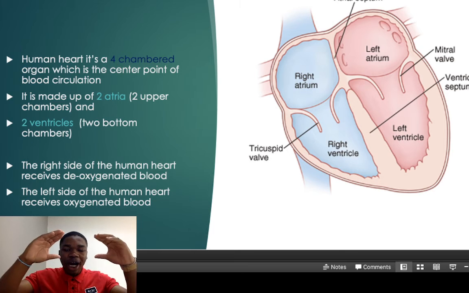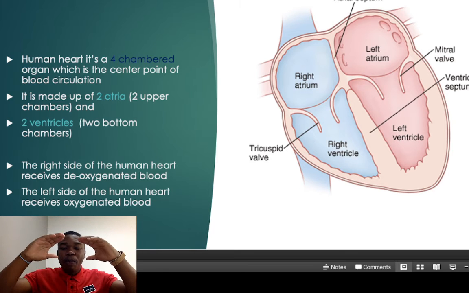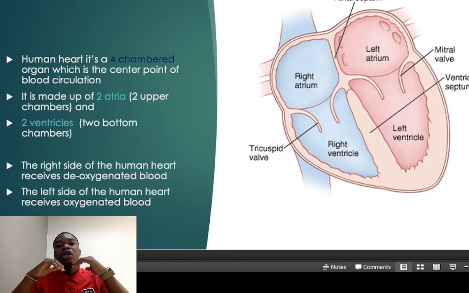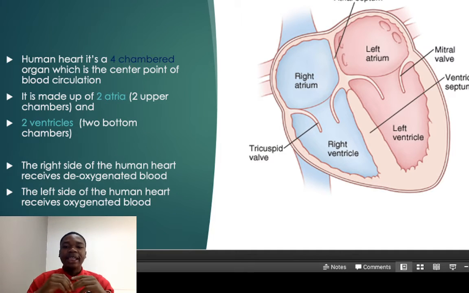The top chambers are called atria, or atrium in singular. Then the bottom chambers are called ventricles. They are divided by their position: we've got the right atrium, the left atrium, the right ventricle, and the left ventricle.